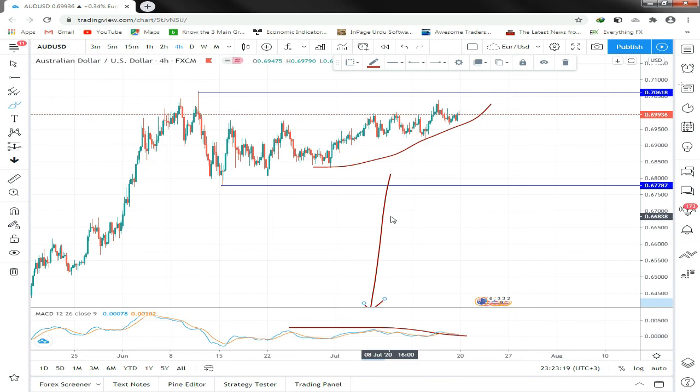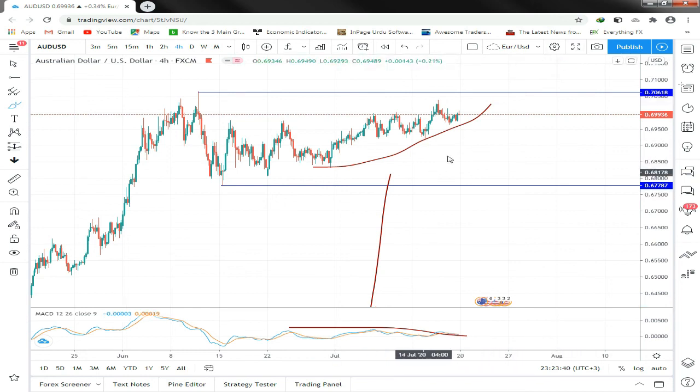Something wrong is going on in the market and the market will go in the other direction. So when I see these kinds of divergence or signals, I stop buying or selling.